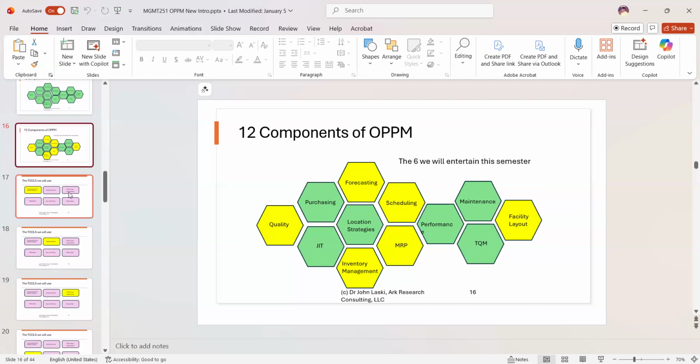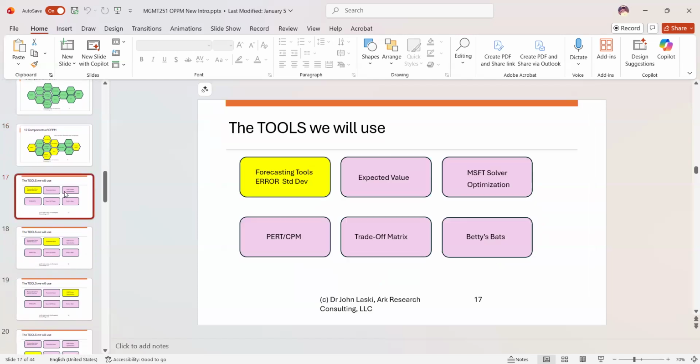And there are several topics that are going to be the tools that we use. These tools include forecasting tools, including the measurement of error, using whether it's standard deviation or some other measures, and we'll talk about that. The idea of expected value and what is associated with expected value, how we calculate that, and what we're actually looking at.